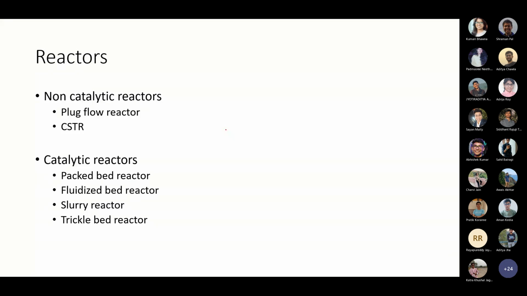If the catalyst particles are moving along with the reactant fluids, that is a fluid bed reactor. I have also shown you the fluid bed last semester. If the catalyst particles are very small and they are suspended in the fluid, that is called a slurry reactor.